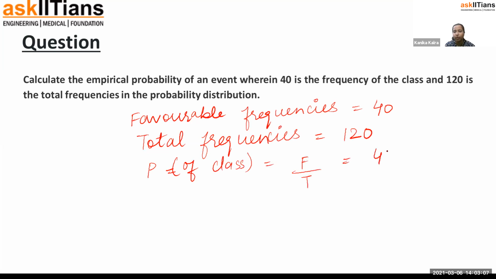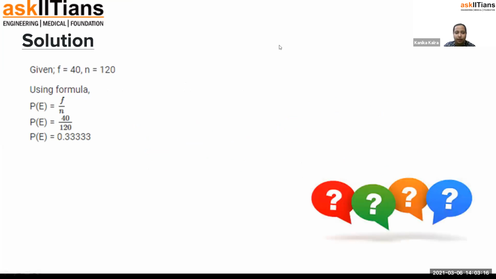That would be 40 over 120, which is equal to 1 by 3. So this is your answer. It's not necessary that you convert it into decimal. You can leave your answer as a fraction as well. 1 by 3 is also fine. That's your choice.